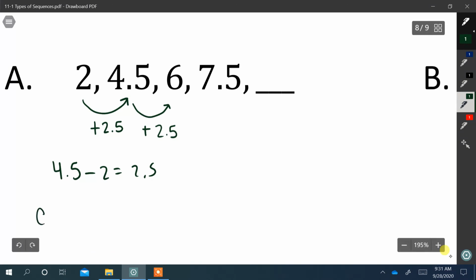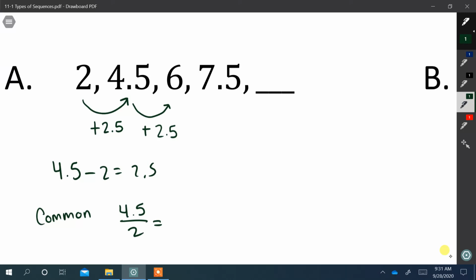Is it a common ratio? Are we multiplying times something? Is 4.5 divided by 2, is it 2.25? Is there a pattern here? So we got 2.25, that's the ratio.